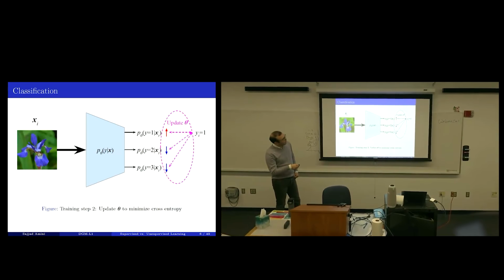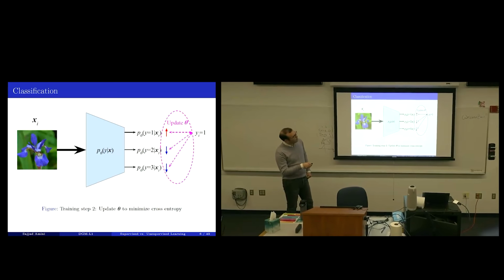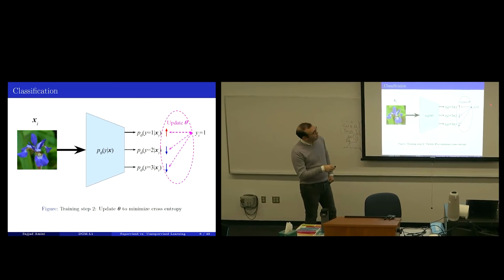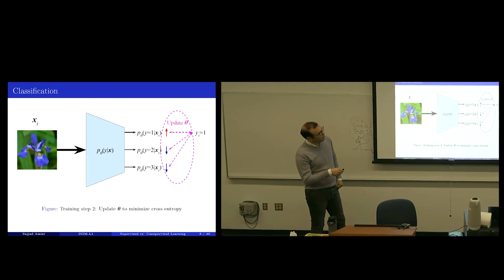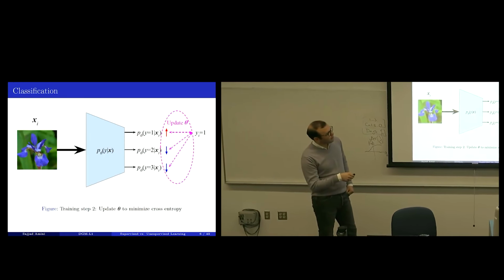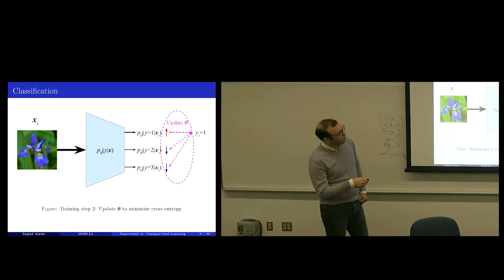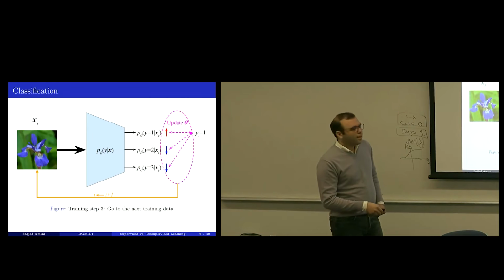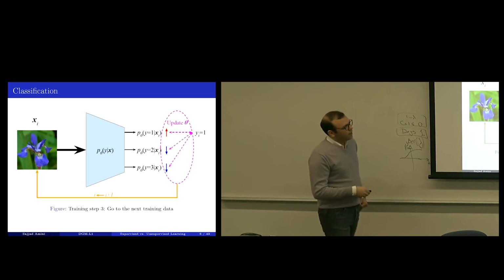Okay? In the training, you decide to update theta such that the value corresponding to this reference is increased, and automatically, because generally you use softmax here, the values for the other 2 are decreased.